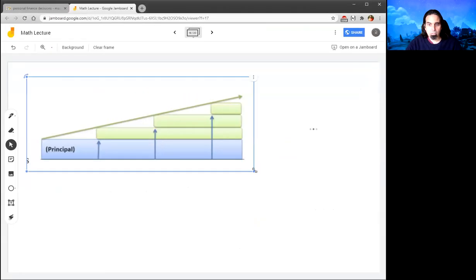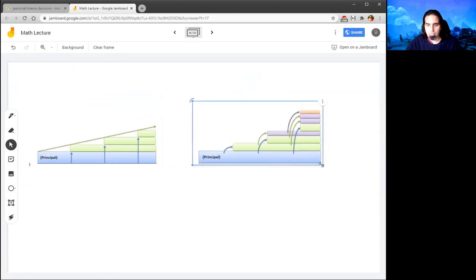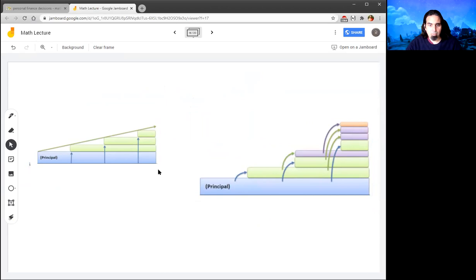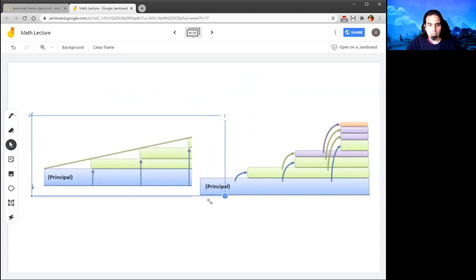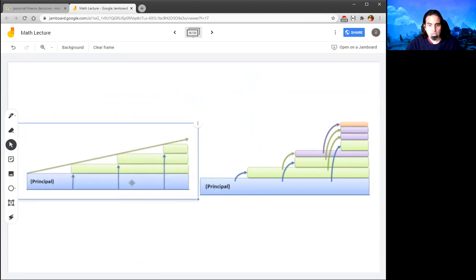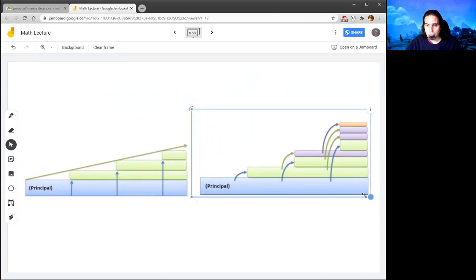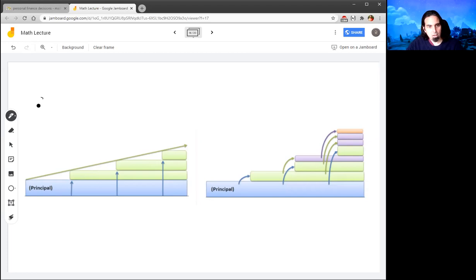So here's the other picture that goes with compound interest. Let me shrink that a little bit so we can share the page. Okay, good enough. So this one was simple interest on the left.